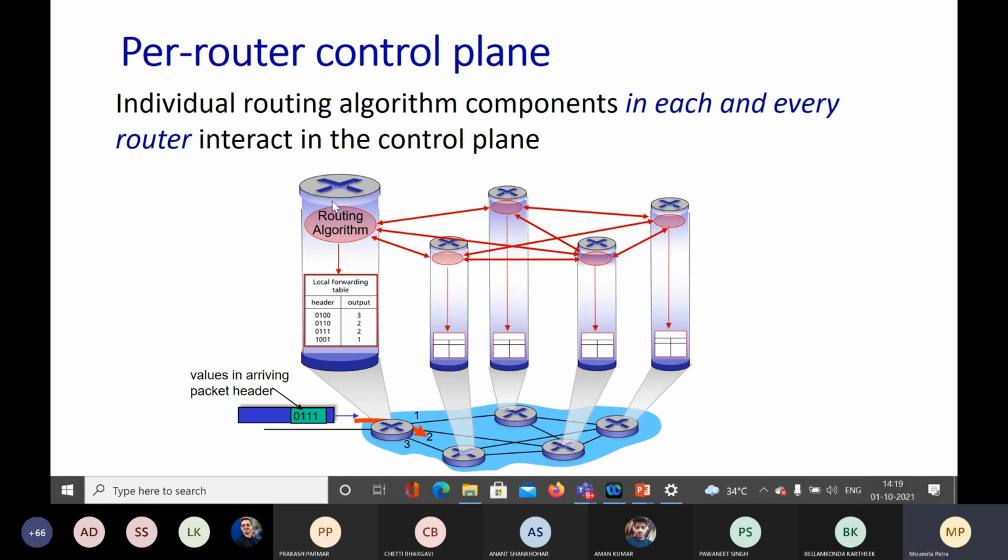Okay. So using whatever output you receive from the routing algorithm, it can be used to forward the data, and then the datagram can be transferred to the corresponding output port. So this is the differentiation that is made. So these are the control plane functionalities and these are the data plane functionalities.